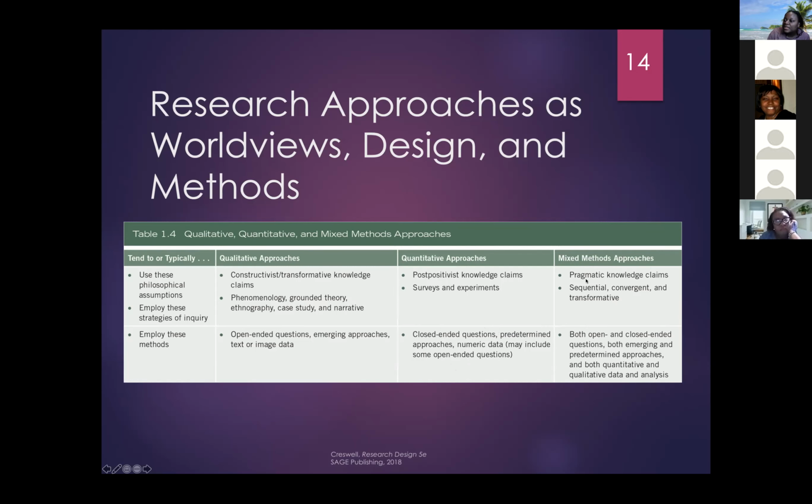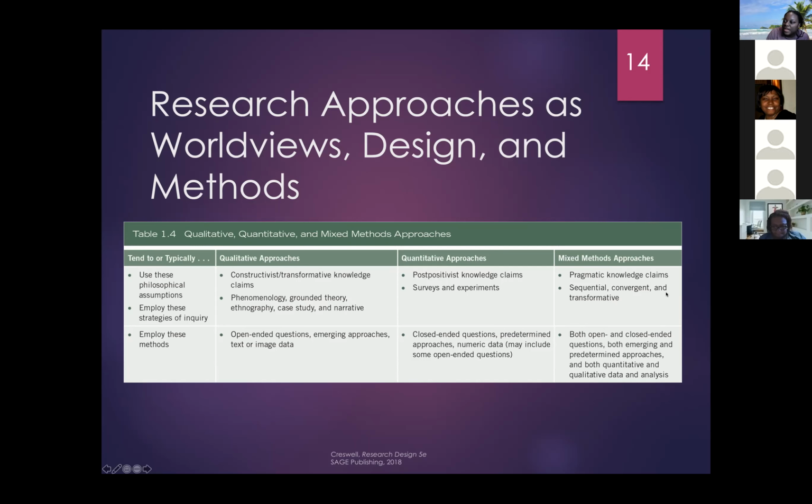Mixed method is this pragmatism in terms of who you are as a researcher, that there are different ways to measure the reality. There are different ways to measure the multiple reality based on the actual participants. Like, you want to choose what type of methods that you're using for the reality that you are positioning yourself to ask questions about.